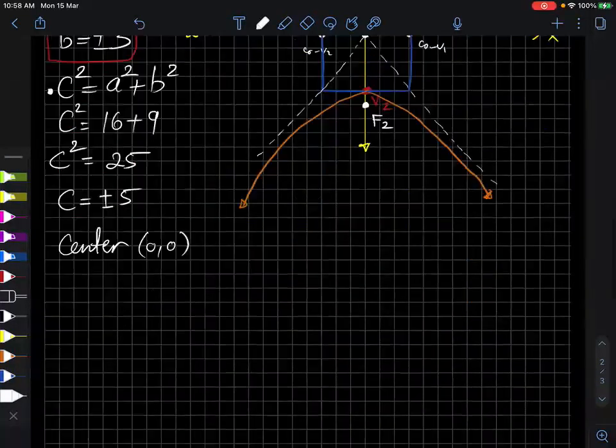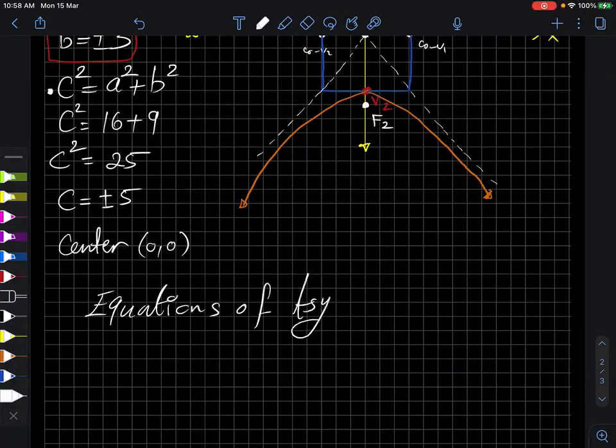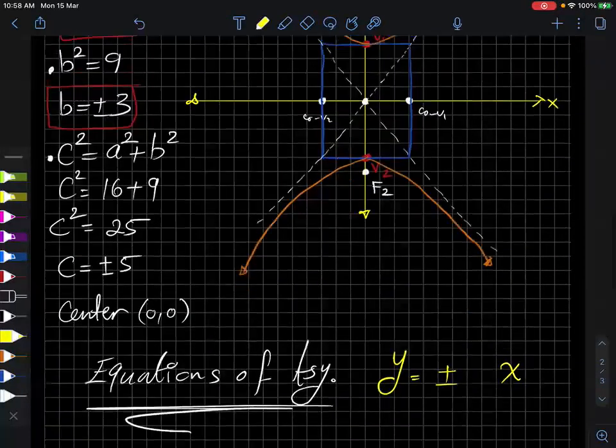The equations of asymptotes: y equals plus minus a over b x, or sometimes b over a x, according to the slope of this line.